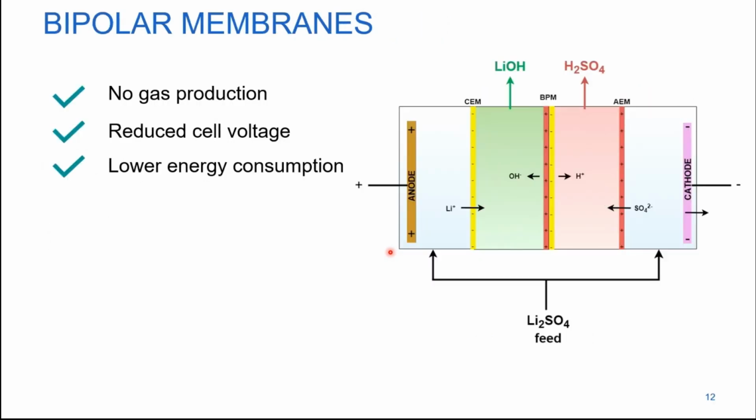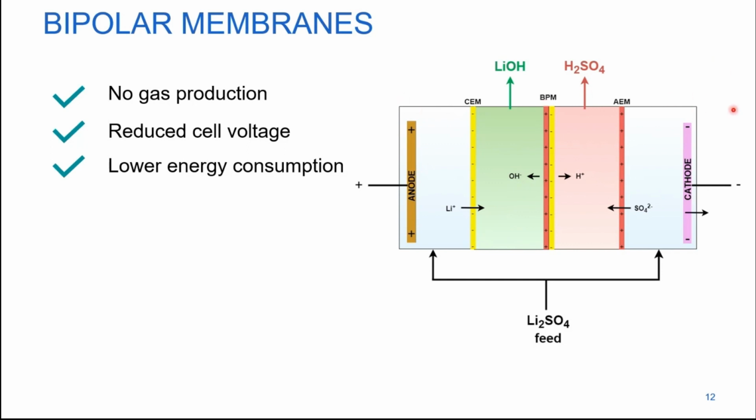And then a next type of electrochemical system is an electrochemical cell with a bipolar membrane. So we've seen previously in every configuration that we had an anode and a cathode, which were generating gases. We were generating oxygen gas or chlorine gas at the anode and hydrogen gas at the cathode.